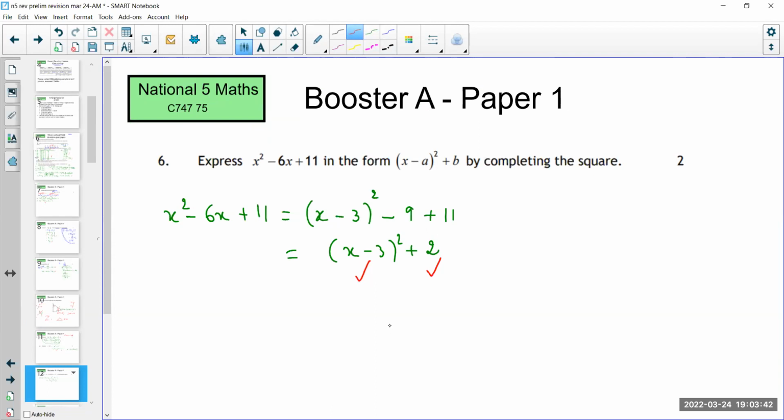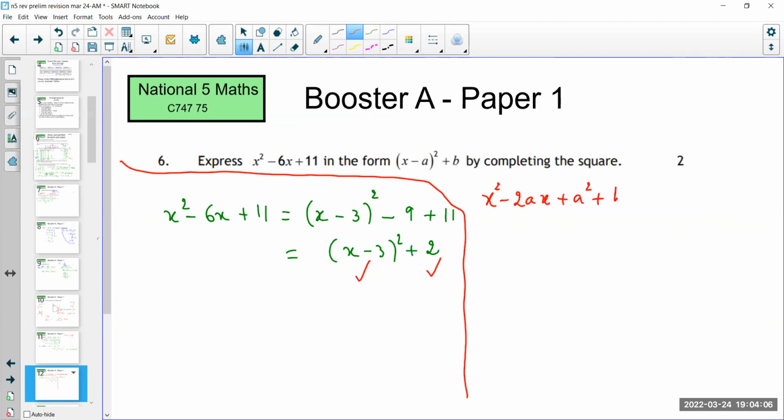Okay, so now let's see, you get in a few years' time and you can't remember this. You can expand x minus a squared, because that's x squared minus 2ax plus a squared plus b.